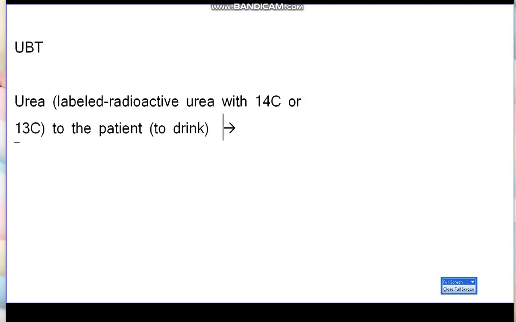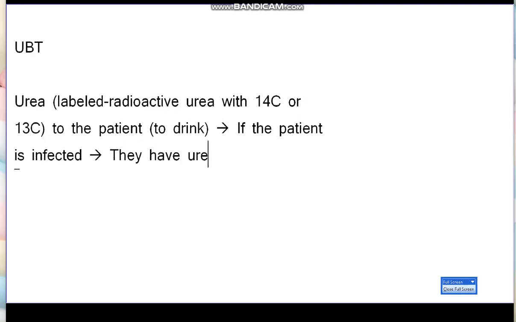So when this patient drinks urea, if the patient is infected, that means that the patient has Helicobacter pylori in the stomach. So if the patient is infected, they have urease in the stomach.